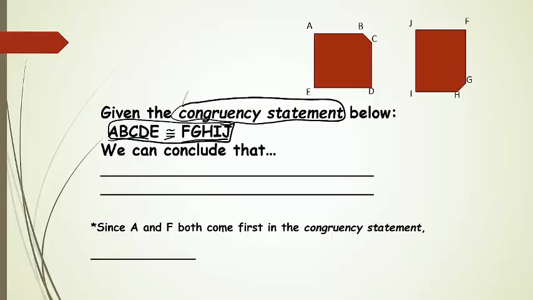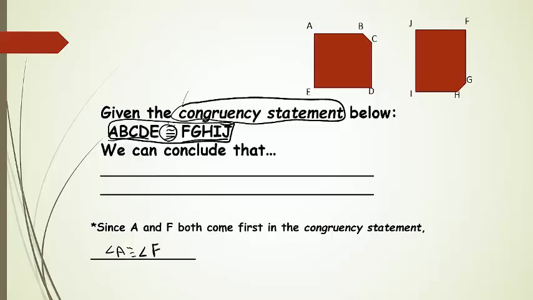Since A and F are both the first letter in their little groups, I know that angle A not only corresponds, but is also congruent to angle F because of this little symbol here. They're telling me that these pentagons are the same size.